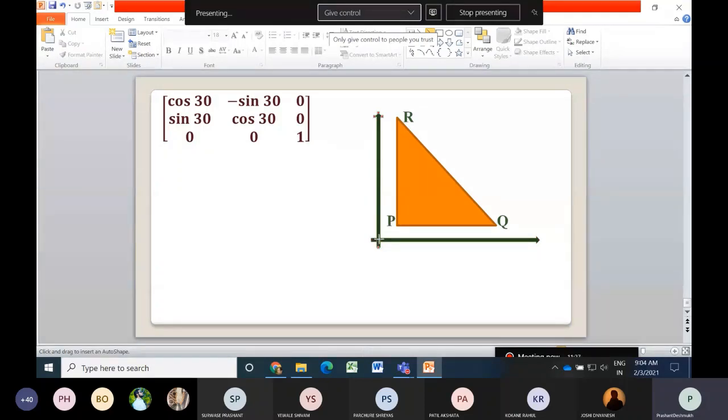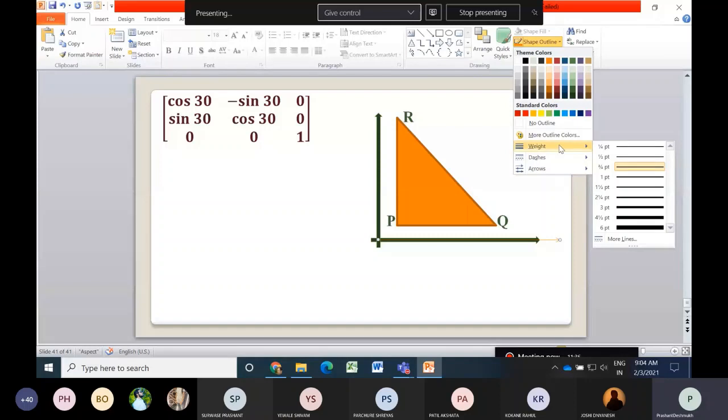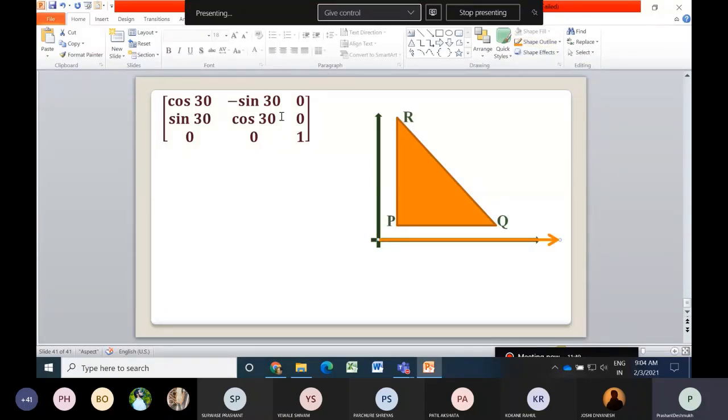So this is the line. We will increase the thickness for visibility. Now we will select this and this. Now we want to rotate by 30 degrees.